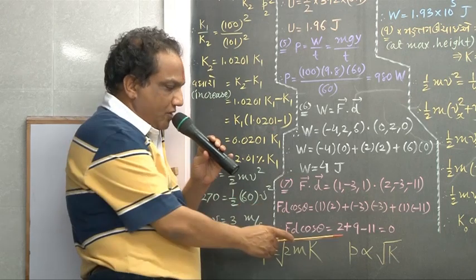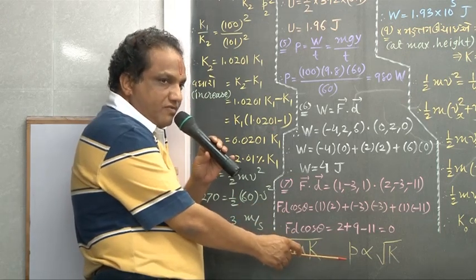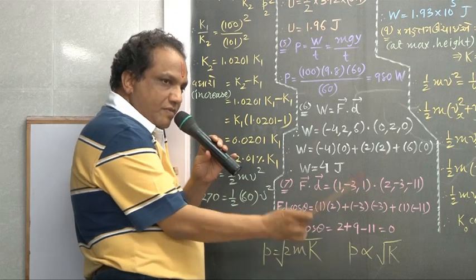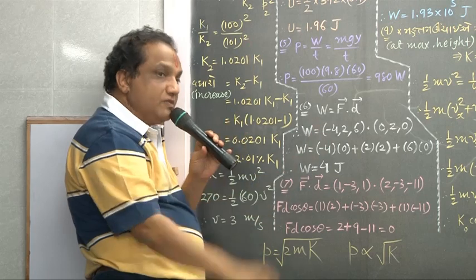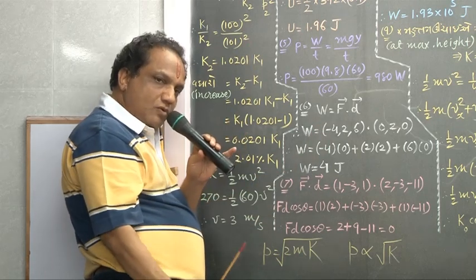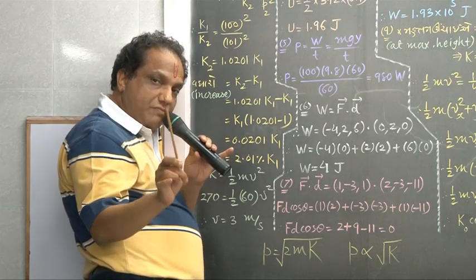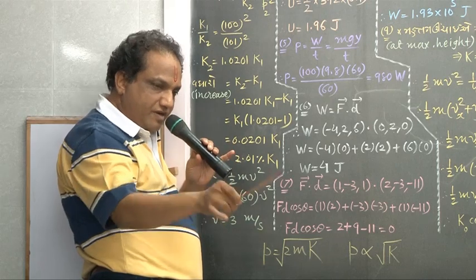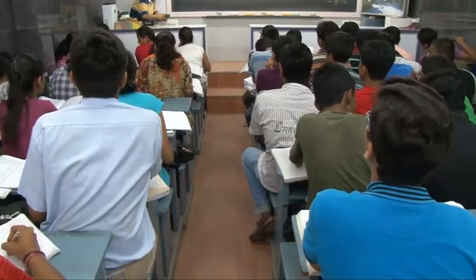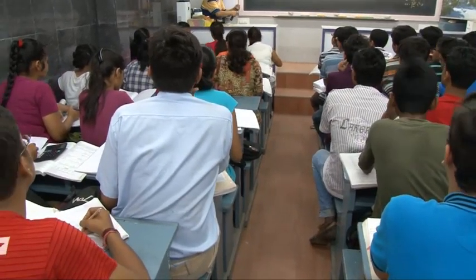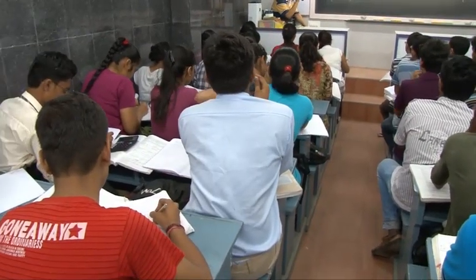And then find out P2 in terms of P1. And then you should find out P2 minus P1. That much will be the increase in momentum required. Okay, find out. Perfect.